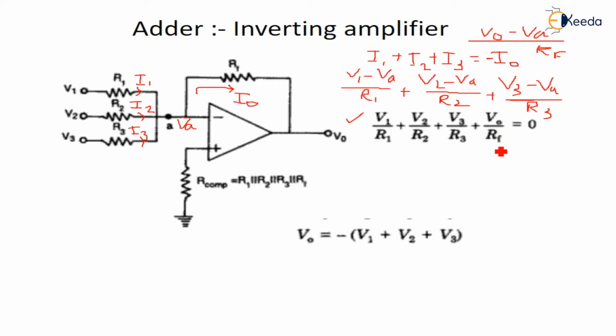If all the resistors R1, R2, R3 and RF are equal, after the substitution the equation will be V out is equal to minus (V1 plus V2 plus V3).